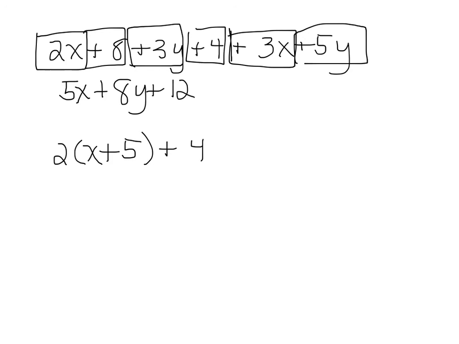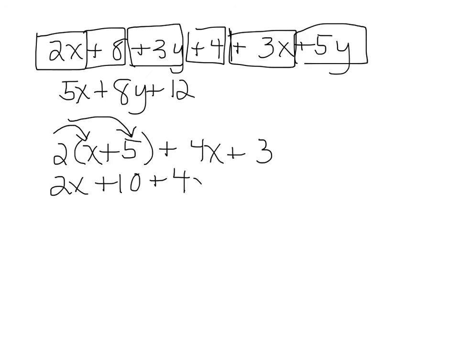Okay, on this problem, I have to first do the distributive property. I have to distribute the 2 over the x and the 5, and that gives me 2x plus 10, and then I just bring down the stuff that wasn't affected. So that's my first step, the distributive property.